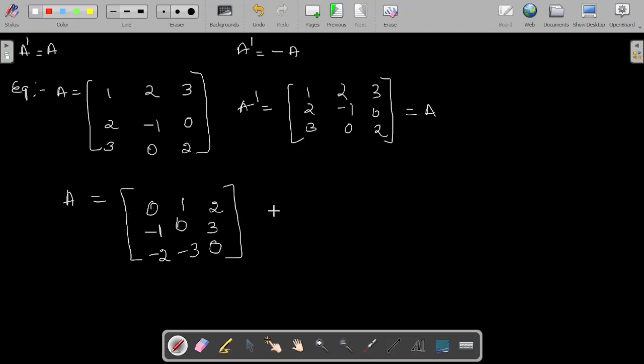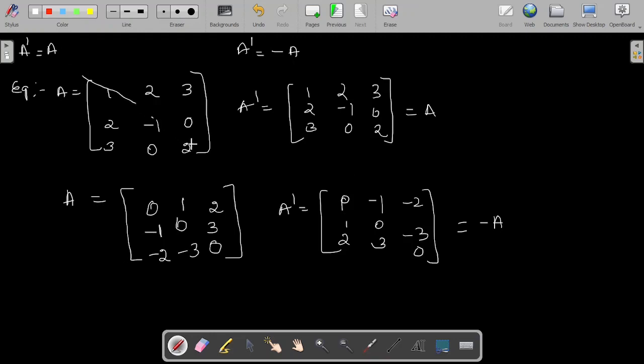And 3 here, in this place you should have minus 3. So that this A dash, if you take 0, 1, 2, then minus 1, 0, 3, then minus 2, minus 3, 0. Now compare it with the given matrix. The same as the given matrix, but these entries are multiplied by minus 1, so it becomes minus of A. That means symmetry means when you fold this matrix along the diagonal, then this lower part is the mirror image of upper part.